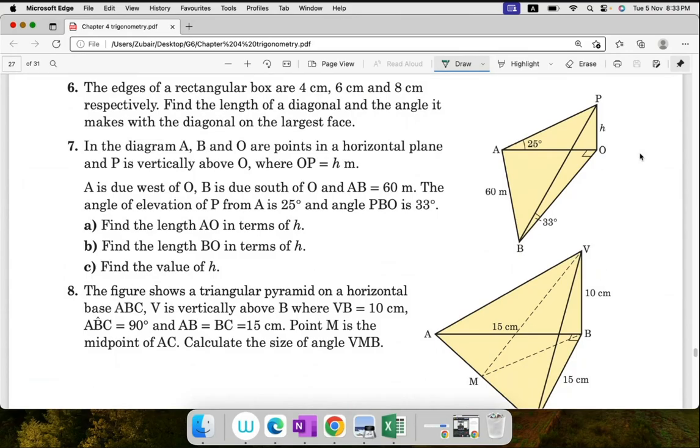Question number 6. The edges of the rectangular box are 4 centimeters, 6 centimeters, and 8 centimeters respectively. Find the length of the diagonal and the angle it makes with the diagonal on the largest face. Okay, 4, 6, and 8.